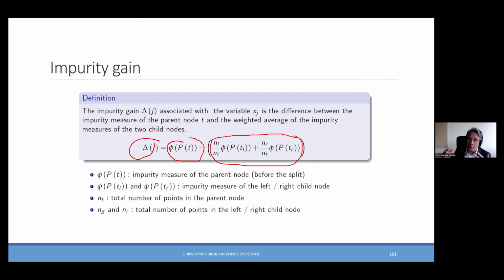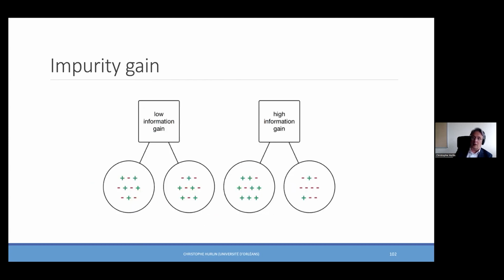And we will compare the predictors, the variables, according to their impurity measure. Low information gain is the fact that we have a mixed, high impurity in the child node. High information gain means that we have low impurity in the child node, okay?